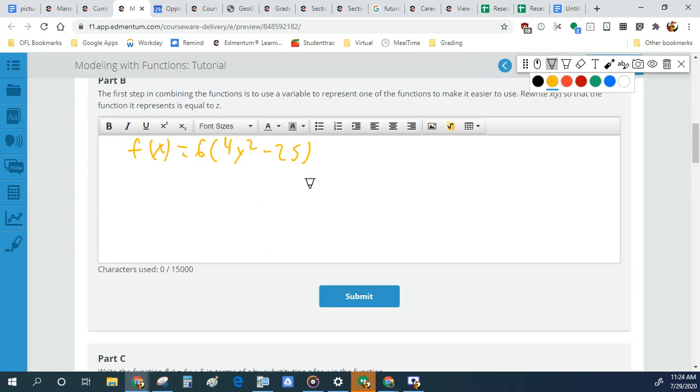To make this easier, we're going to distribute this out, and we get 6 times 4 is 24y squared minus 25. So f of x equals this. In this case, it changes to f of y, because now our input isn't x, our input is now y.